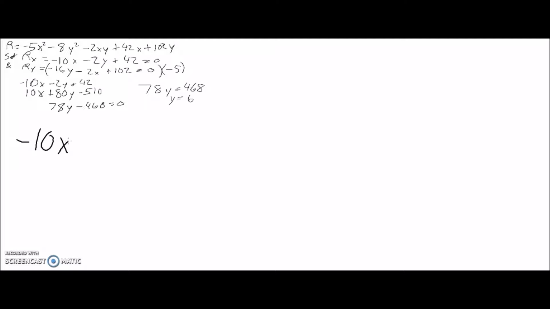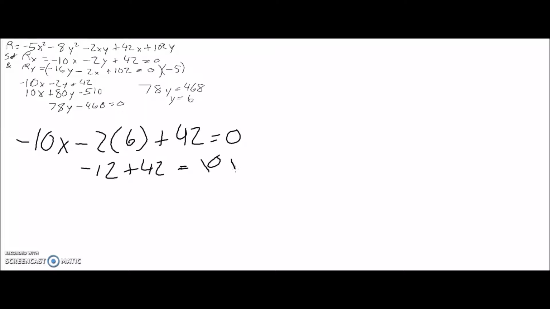So we have negative 10x minus 2 times 6, which is our y, plus 42 equals 0. Moving the 10x to the other side, we get negative 12 plus 42 equals 10x.